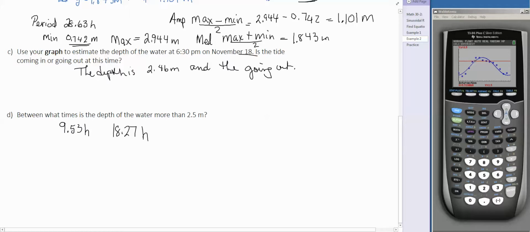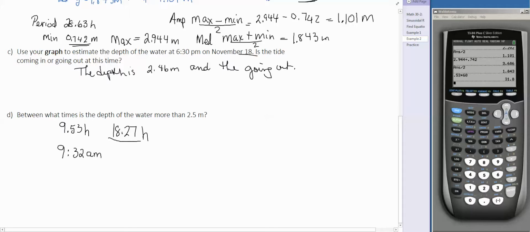Now, let's turn these into times, right? We don't think of 0.53 of an hour, so let's convert that into a time. So second and mode to get out of here, we're going to take 0.53, multiply it by 60, that gives us the number of minutes, and so this is 9:32, and this is in the AM.